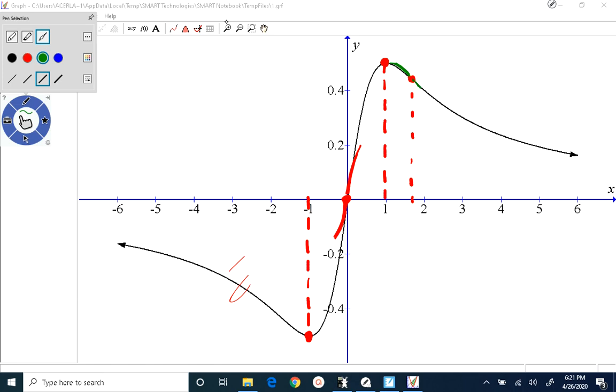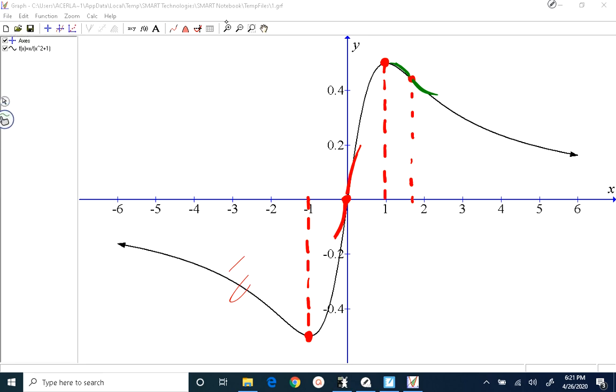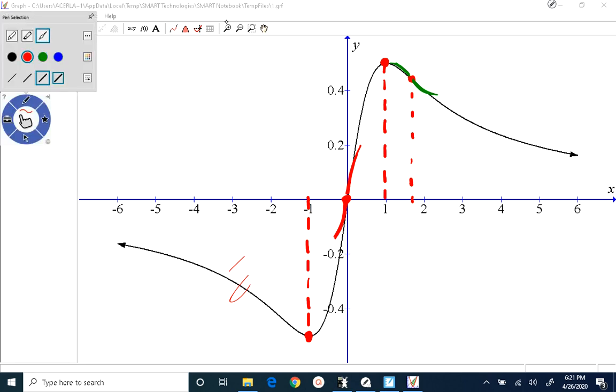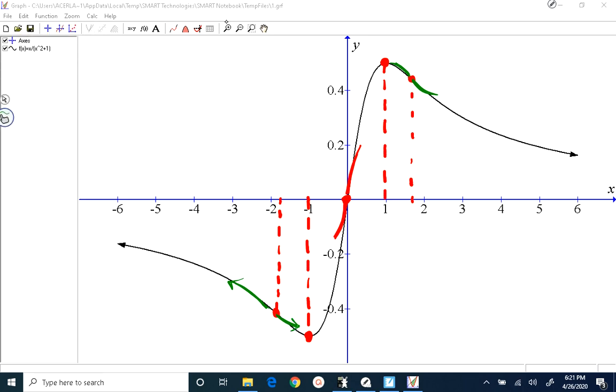And when I look to the right, I can see that it is concave up. Similarly, there is an inflection point at negative root 3. I can see that on one side of that inflection point, it is curving in a concave down fashion. On the other side, it is curving in a concave up fashion. Again, overly exaggerated.